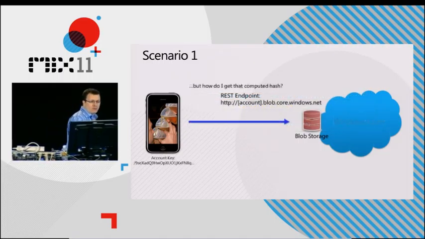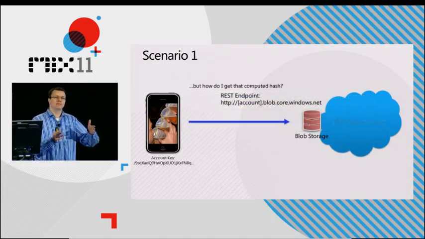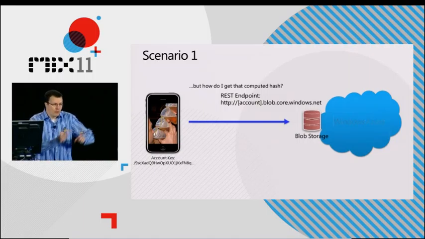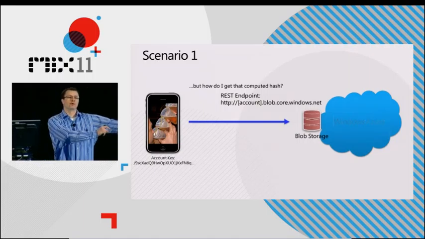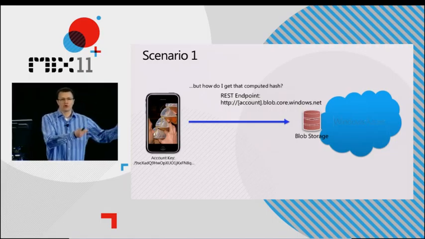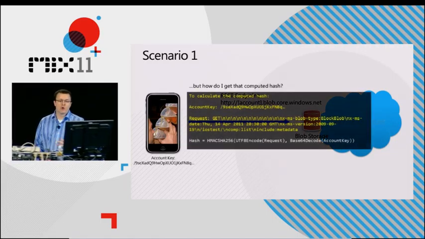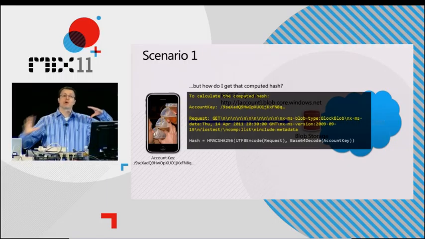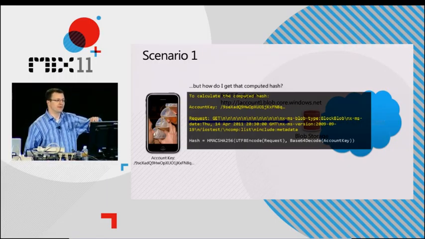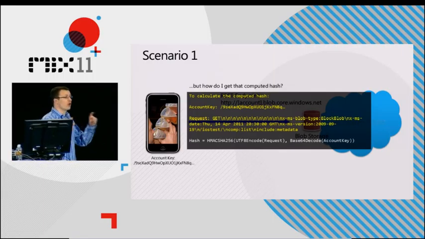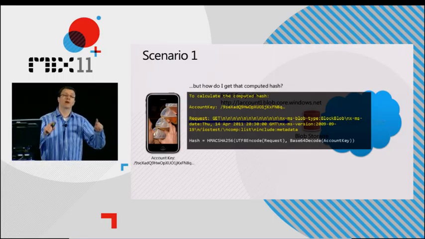Now, how do we do that? Well, you remember that account key that you saw in the portal. We don't actually pass that back and forth. That would be fairly insecure in case it got lost somewhere in transit. So the way this works is we build up a request. The third line down there is the actual request of the operation that we want to do with blob storage.